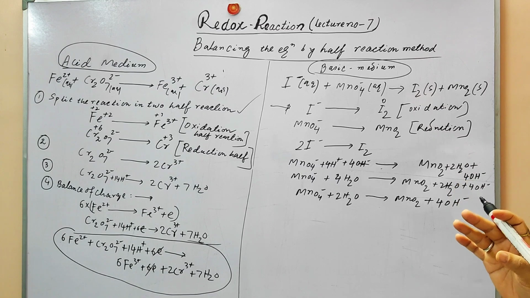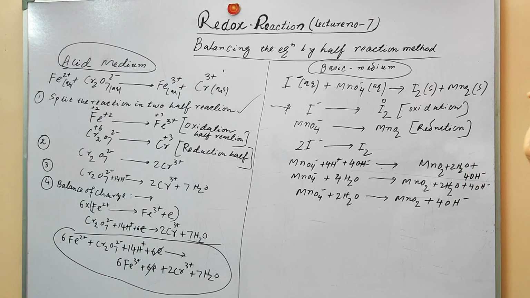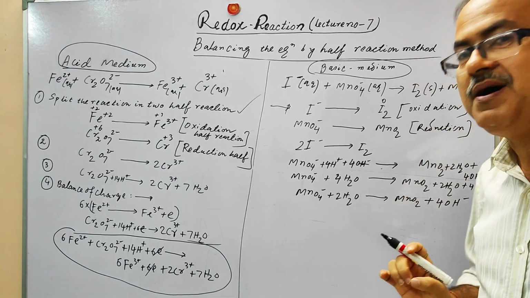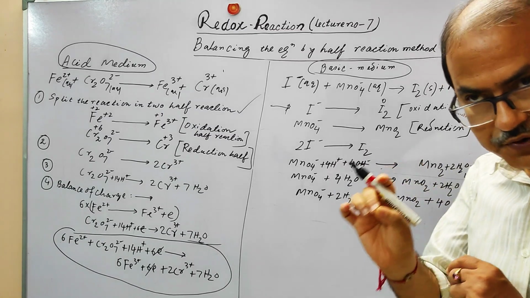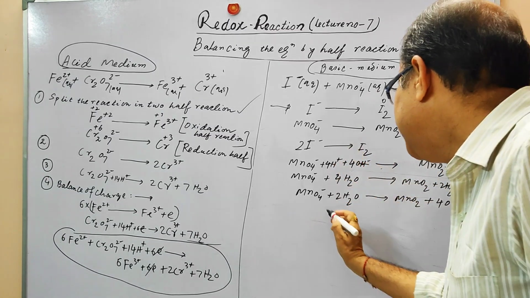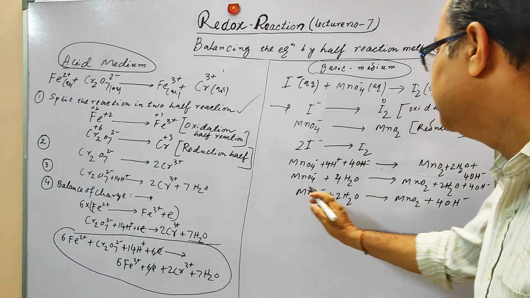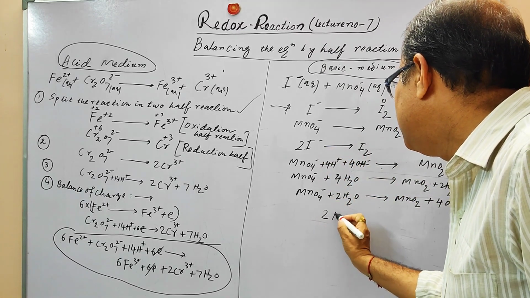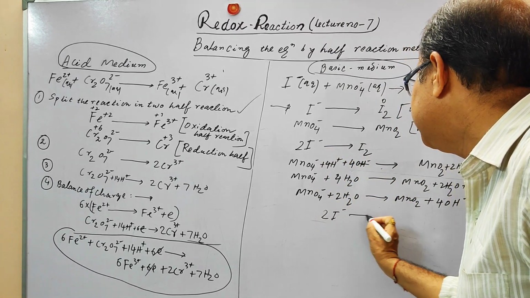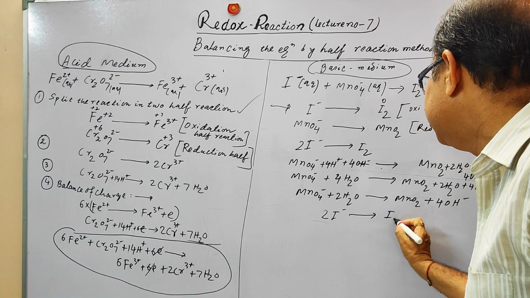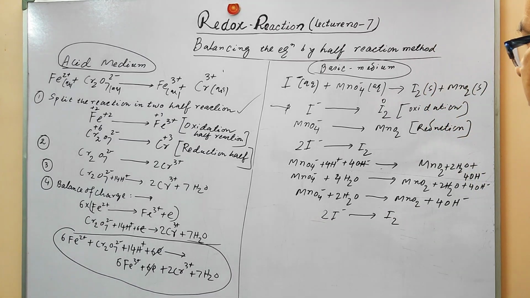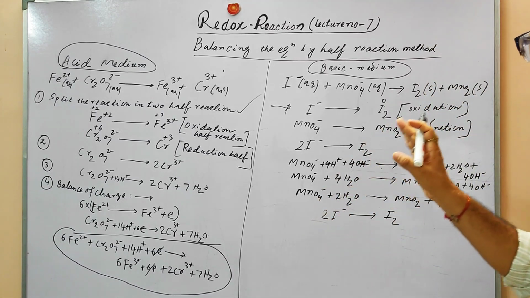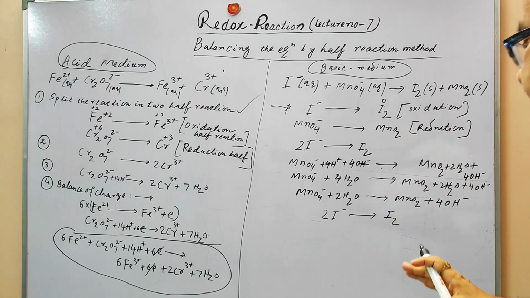Now the next procedure, we will balance the charges by incorporating the electron. So here this is the reduction half reaction and this is the oxidation half reaction. In the oxidation half reaction, we can see the charge is not balanced.